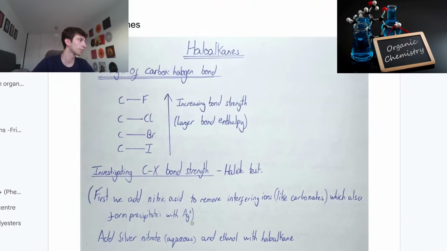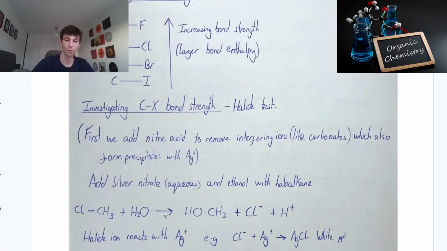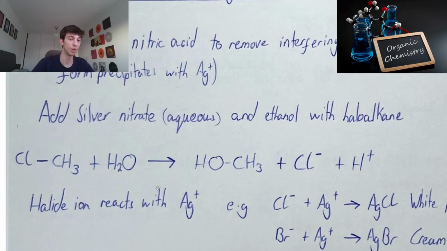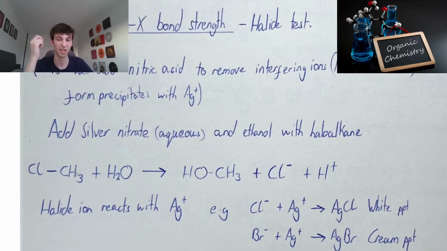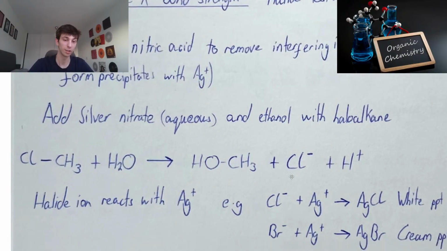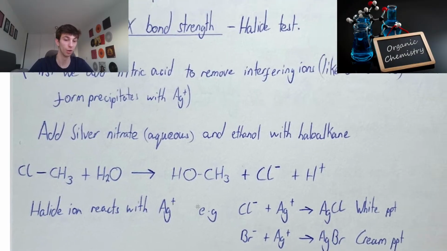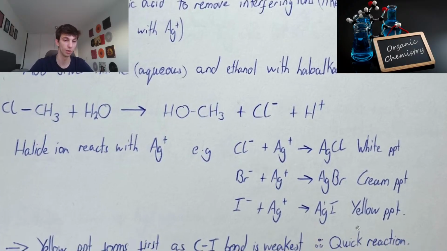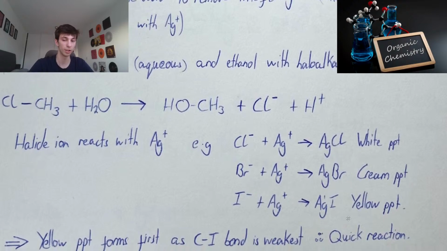So for example, this would be a certain reaction that we would have with H2O. In this case, chloromethane plus water goes to methanol, the chloride ion, and that proton. Our halide ion, which we form, would then react with our silver, and depending which halide ion we had, we then form the different color precipitates, either white, cream, or yellow: silver chloride, silver bromide, silver iodide.